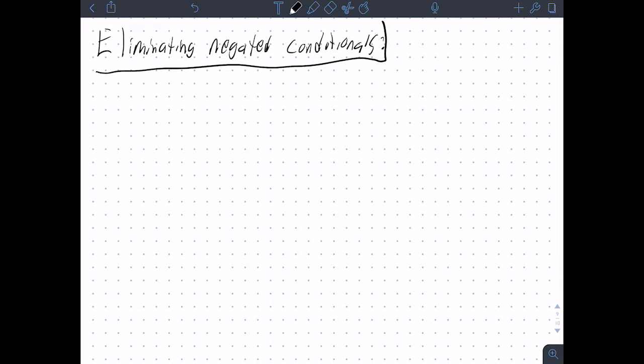Okay, so the next equivalency we're going to look at is our equivalency rule for eliminating negated conditionals. By the way, the aim of learning all of these is that we're going to end up removing all of the conditionals, negated conditionals, biconditionals, and negated biconditionals.